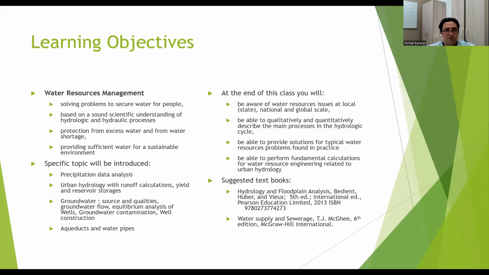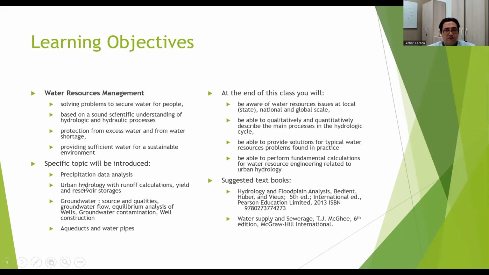the water resource management. And particularly in this course, because of the limitations of time and duration of the course, I will introduce you only precipitation data analysis, urban hydrology with runoff calculations, and yield and reservoir storages.